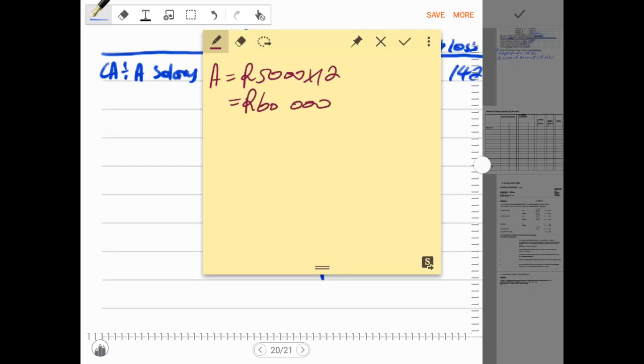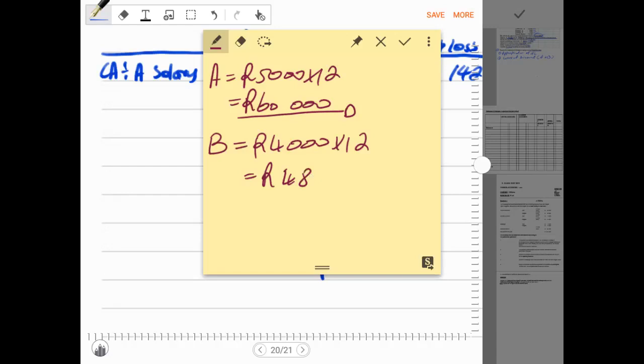So that salary of 60,000 rands will be recorded on the debit side of the appropriation account, and the salary for partner B will be an amount of 4,000 rands. If we say 4,000 rands times 12, that gives us an amount of 48,000 rands.